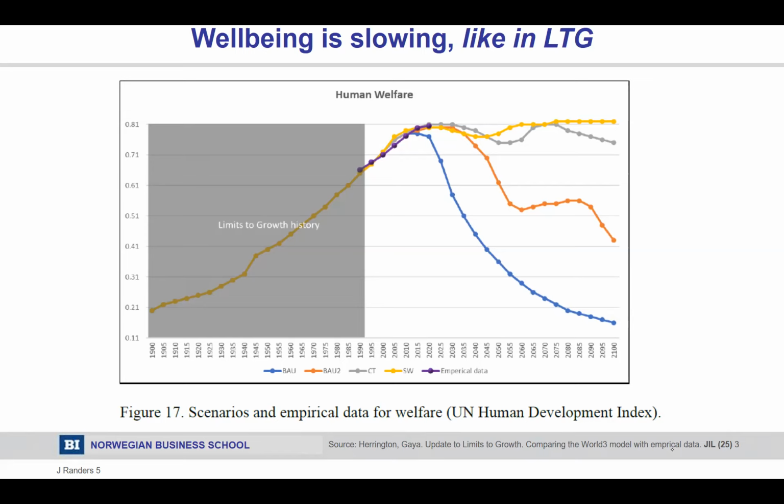And the big question is, how is this going to develop further? So we have seen growth. We have not yet seen the collapse that occurs in some of the more famous scenarios from the Limits to Growth. So what will happen to well-being during the next 50 years?